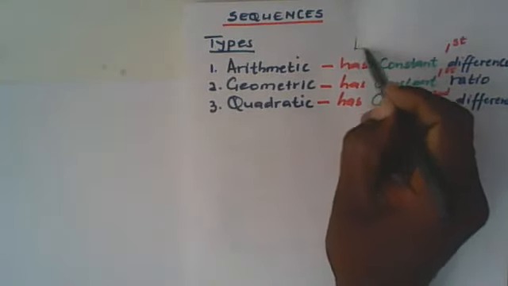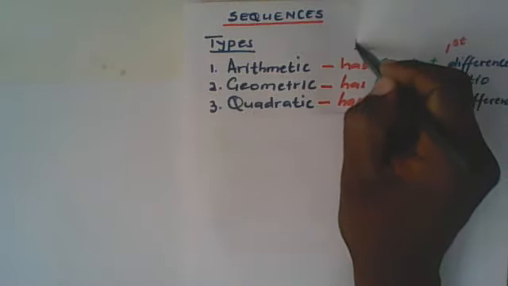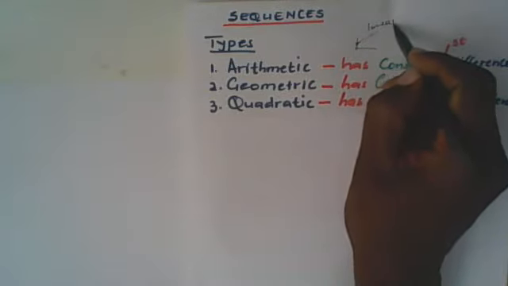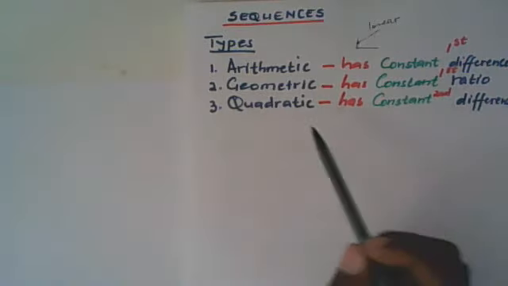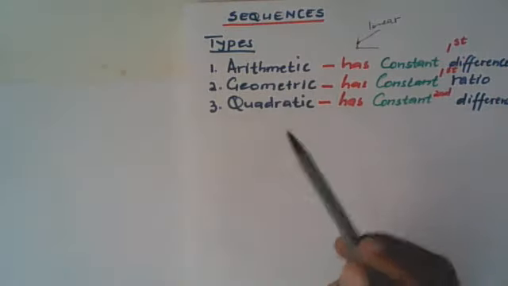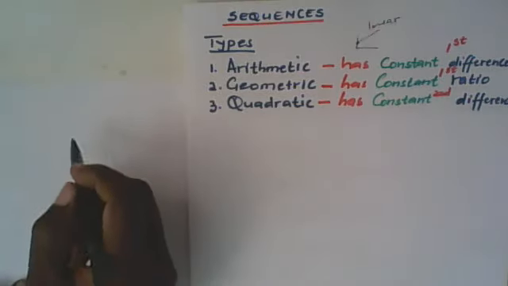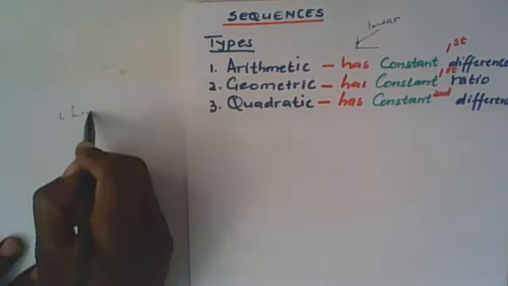It can be a straight line. This is linear. So what about geometric? When we deal with geometric, it's exponential.